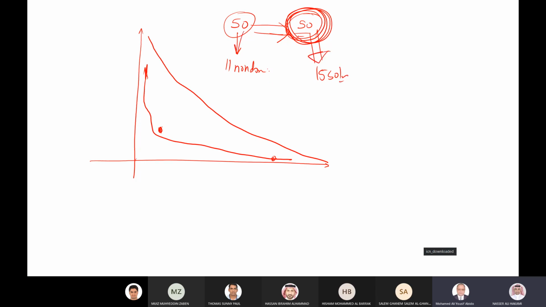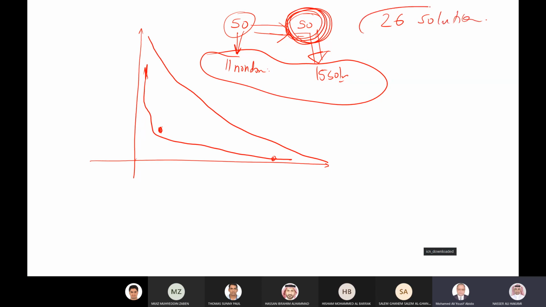What you can do here is to combine both. So you have 26 solutions now. And with these 26 solutions, you can apply the dominance condition. And some of them will go out.